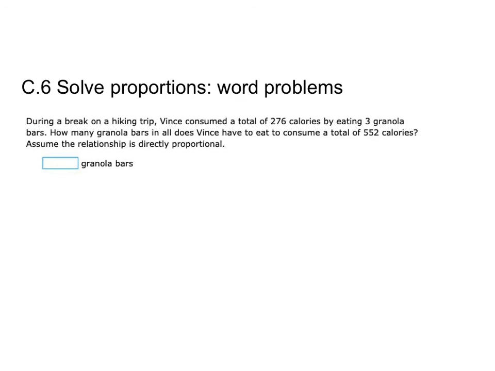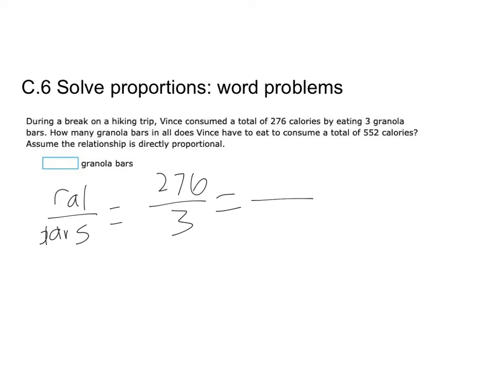Same situation here. We see that Vince consumes calories by eating granola bars. So we're going to put calories on top and the bars on the bottom. So 276 calories from 3 granola bars. And we want to see how many he would have to consume to get 552 calories.